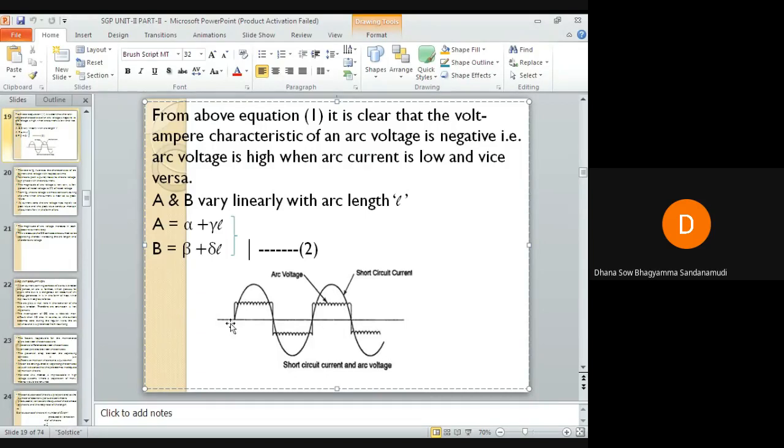From successive current loops, the magnitude of the arc voltage will be gradually increasing. This is because circuit breaker contacts are assumed to be separating, thereby increasing the arc length and therefore arc voltage. As the arc length increases, arc voltage also increases.